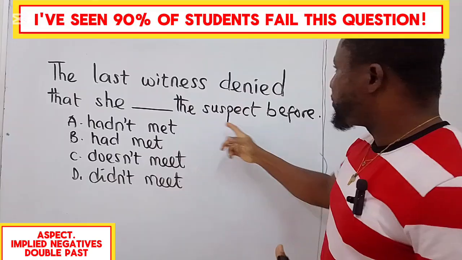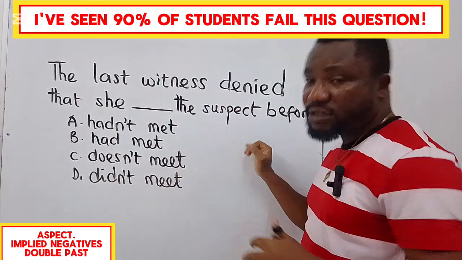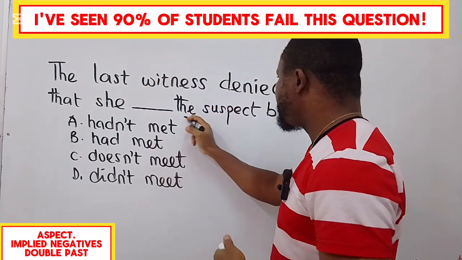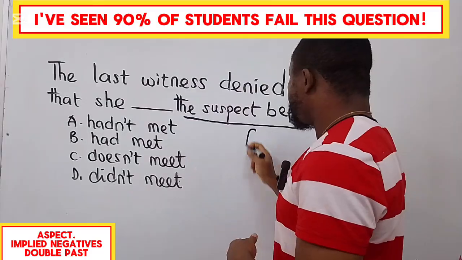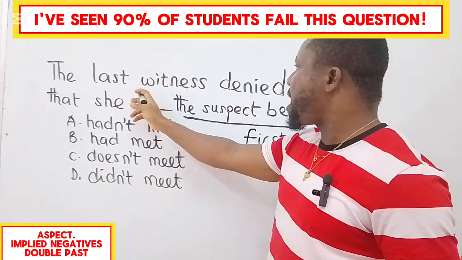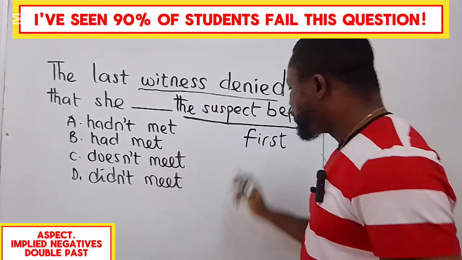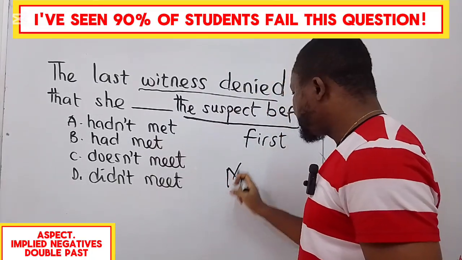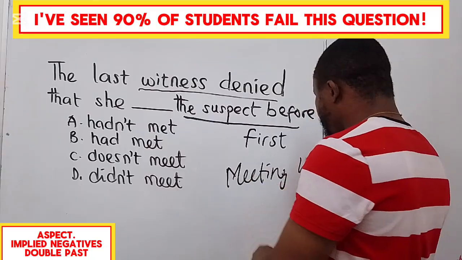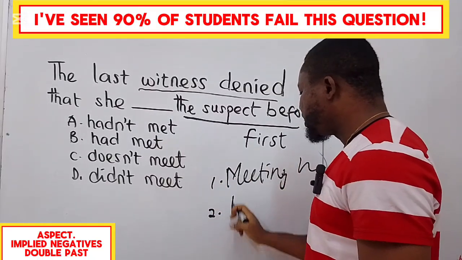So this accusation of this person meeting a suspect before should have been the first action. And then the action of denial is the second. So first of all, meeting the suspect before is the first, and number two is denying meeting this person.